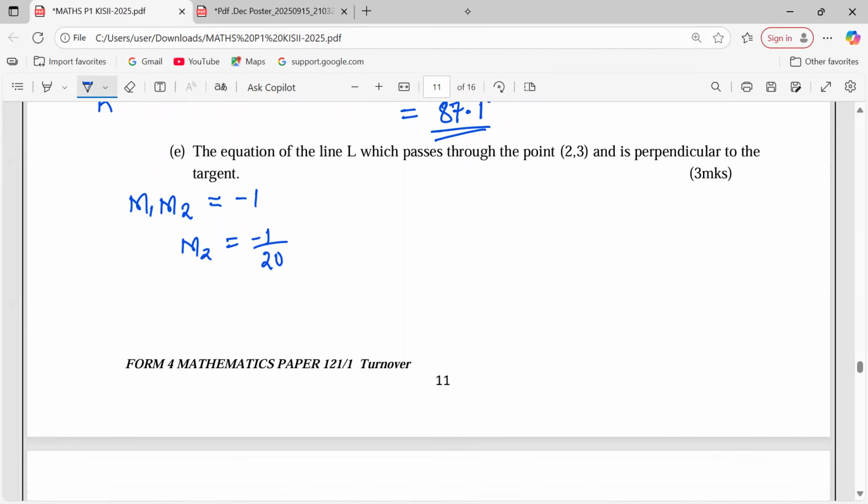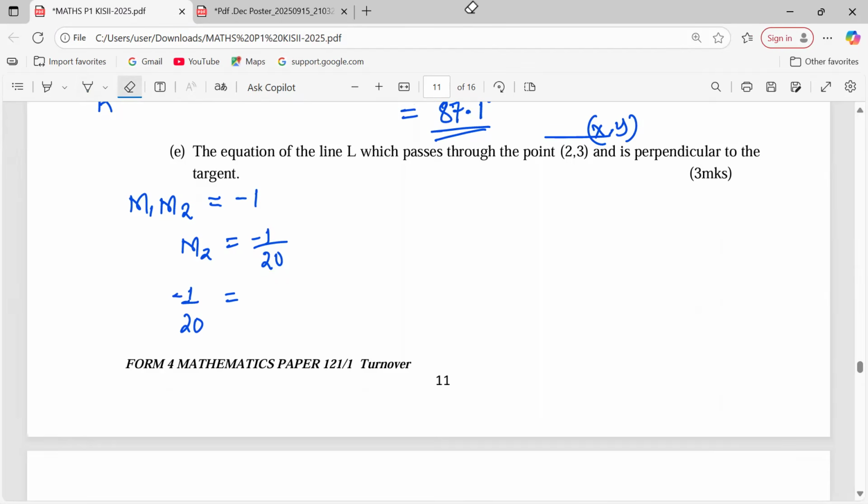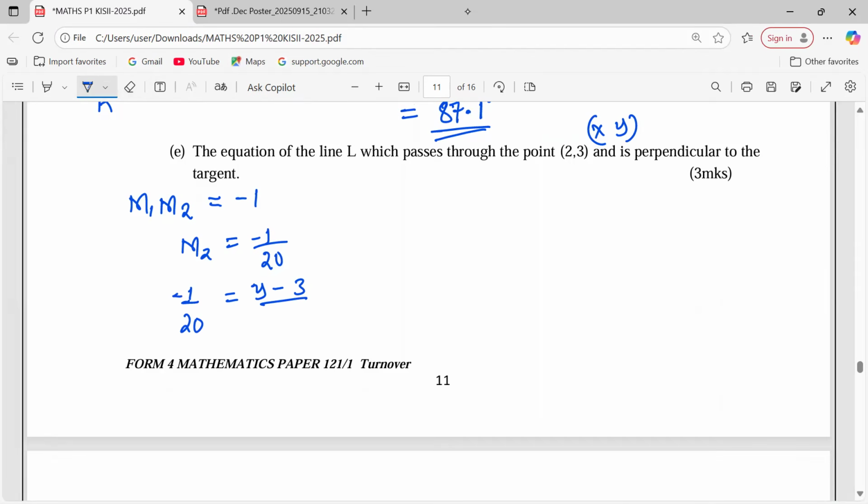With that knowledge now, we can express this particular gradient using a point (x, y) and the provided coordinate. So change in y gives us y minus 3, change in x, x minus 2. Cross multiplication will give us 20y minus 60 equals -x plus 2.